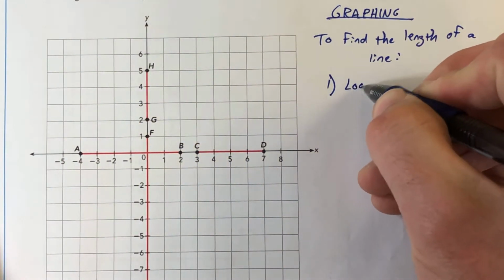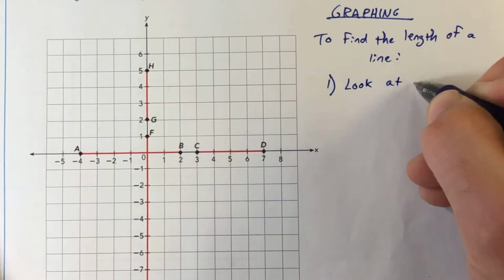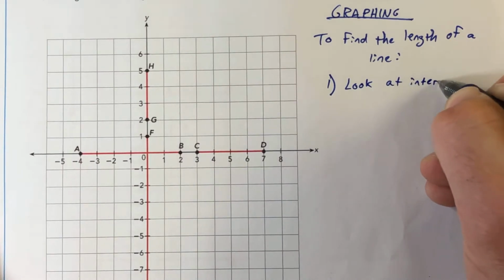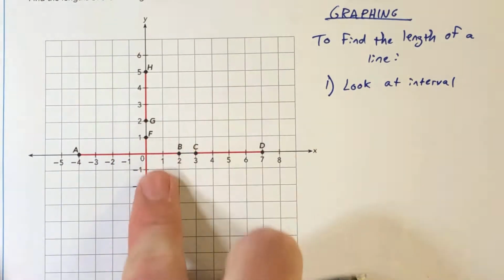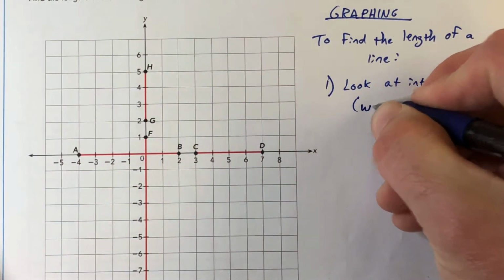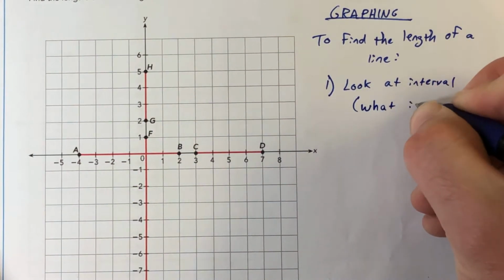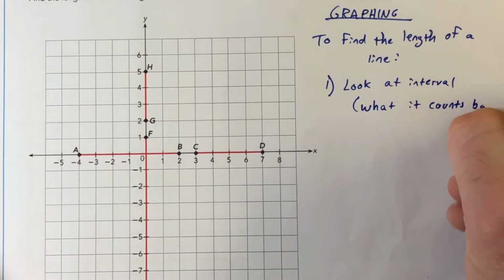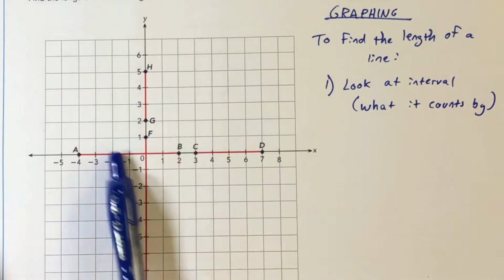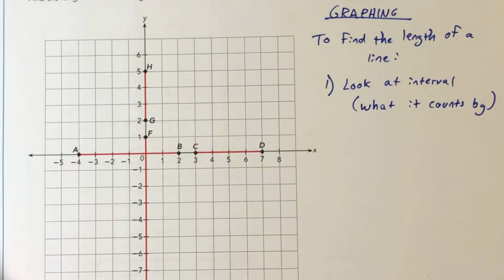So pay attention to your interval. What do I mean by interval? Interval is what your numbers are counting by. Not all coordinate planes count by 1, so be aware of that.